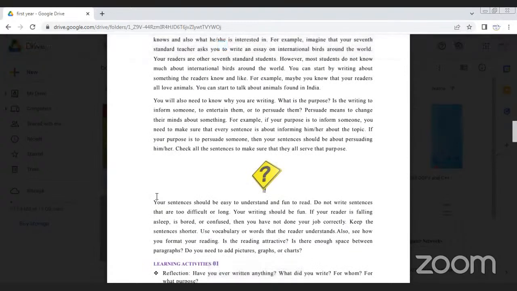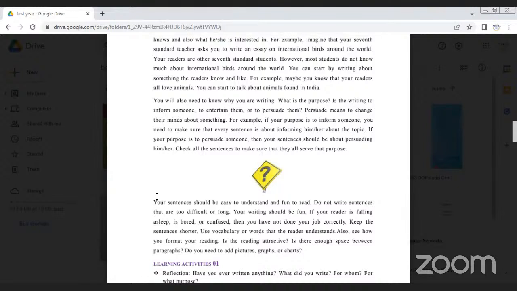Then you will also need to know why you are writing. What is the purpose of your writing? Is the writing to inform someone, to entertain them, or to persuade them? Persuade means to change their minds about something.